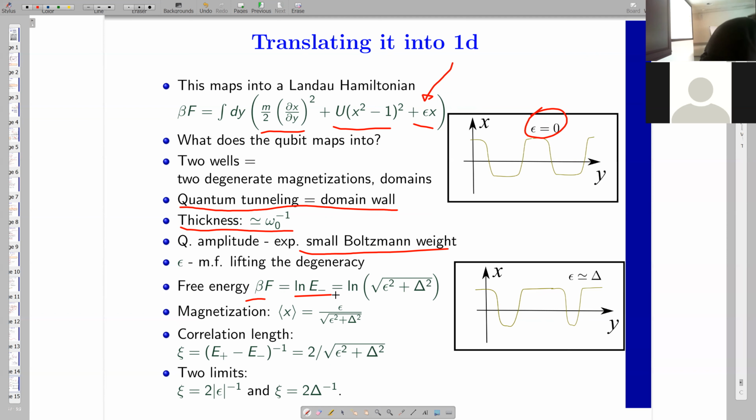Something else? Yeah, correlation length. These two limits again can be obtained from the difference of two eigenvalues, two qubit eigenvalues, and we can reproduce these two limits of low and high magnetic field when domains have different vectors.